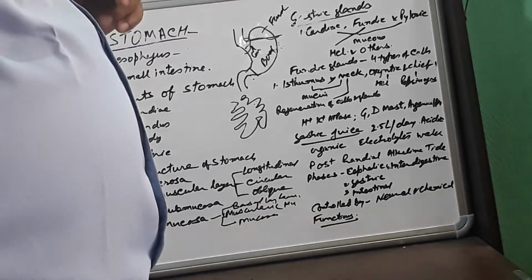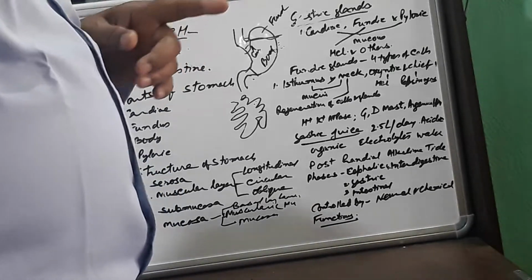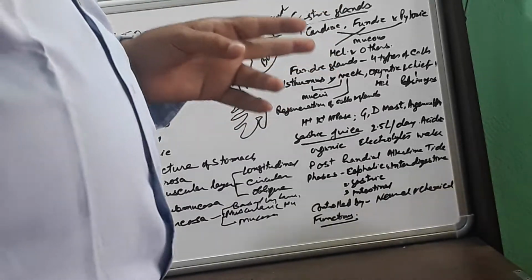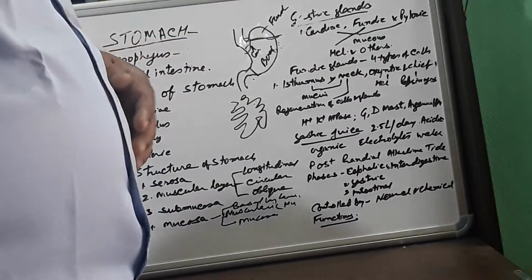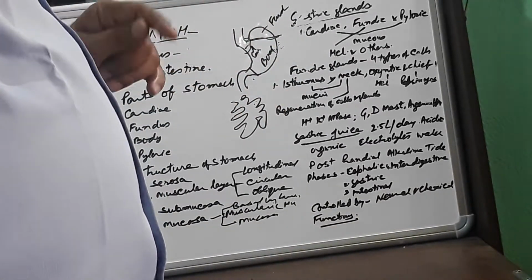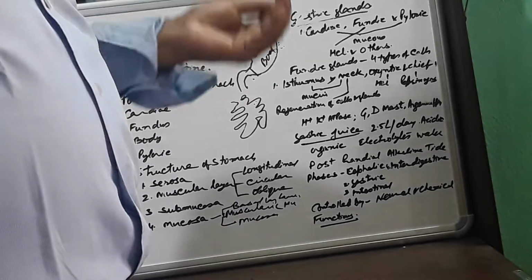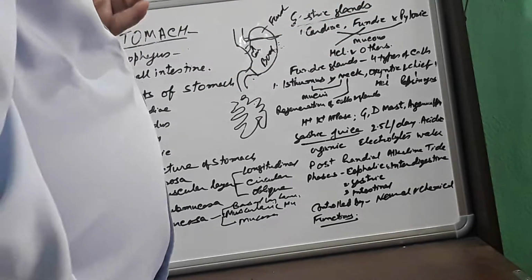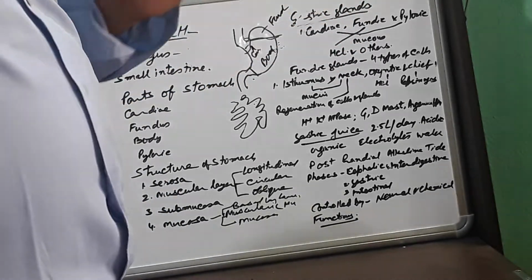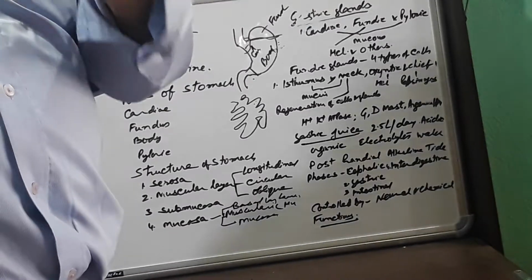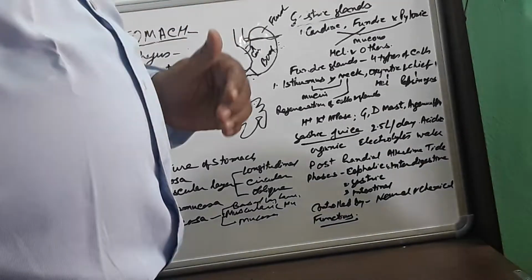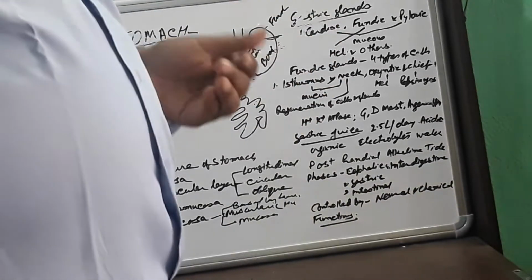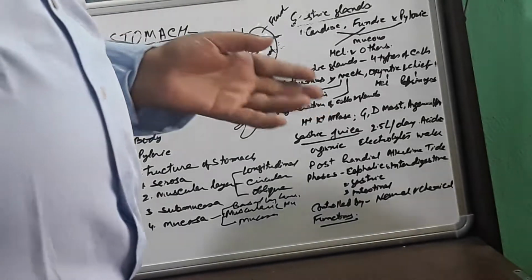Phases of gastric secretion: cephalic phase, gastric phase, intestinal phase, and interdigestive phase. In the cephalic phase, the thought of food will increase the secretion of gastric juice. Food material in the stomach will raise the secretion of gastric juice. The components of the gastric juice will differ. If there is protein, then more pepsinogen is secreted.